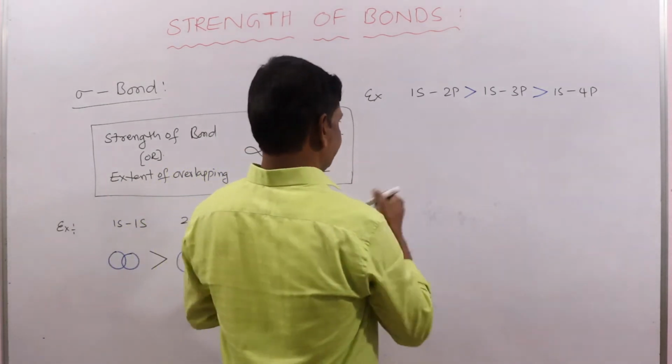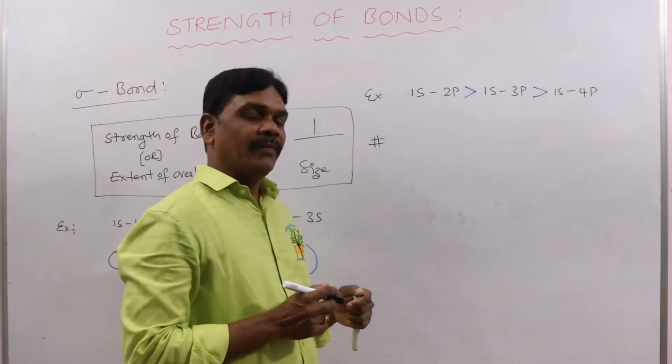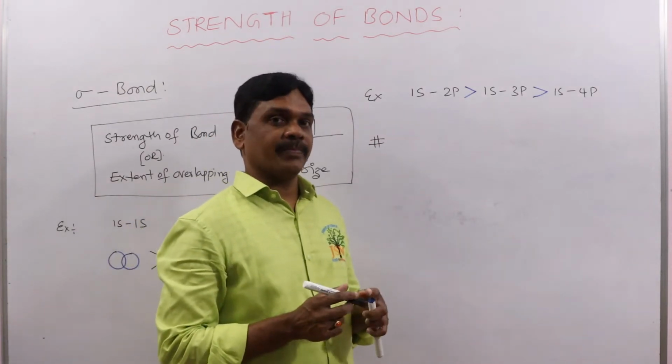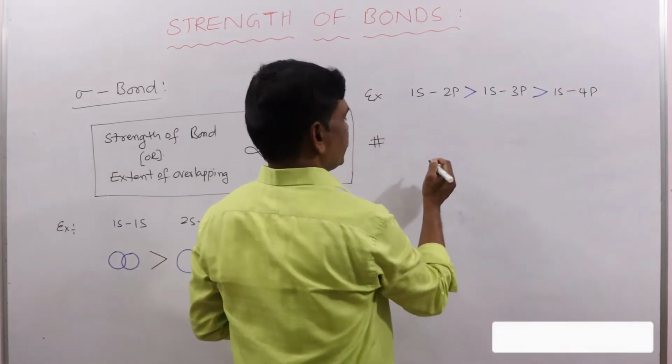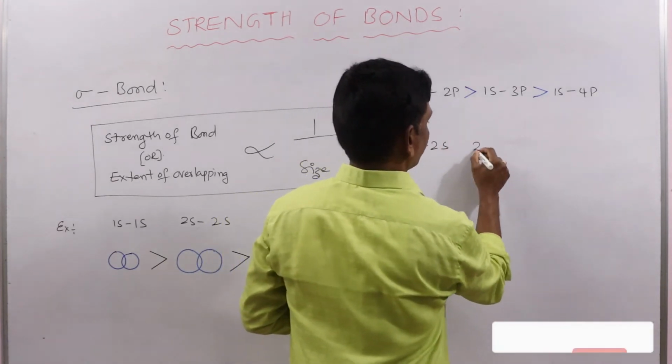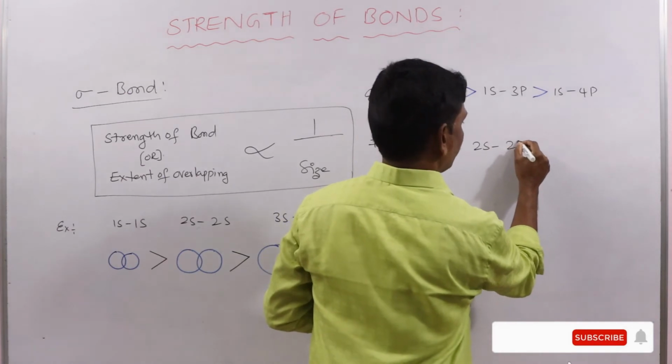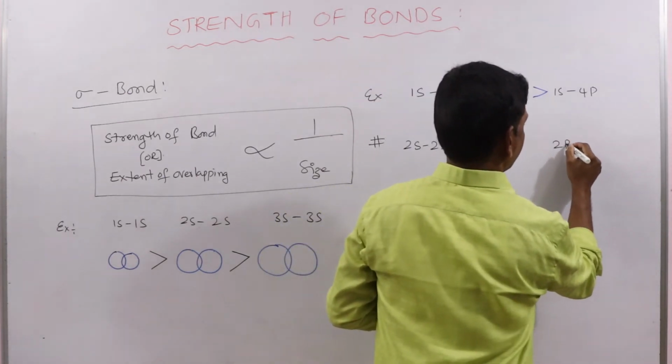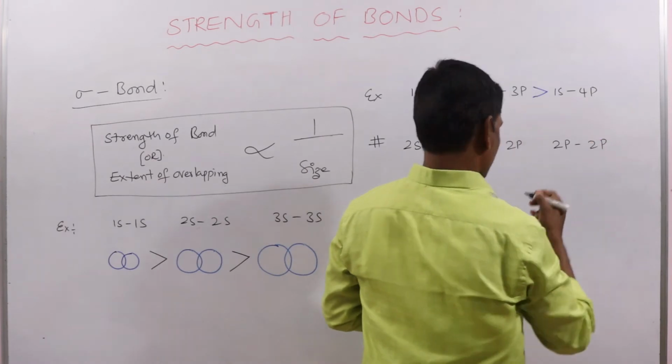So in another case, if orbitals are of the same shell, for example 2s 2s, 2s 2p, and 2p 2p.